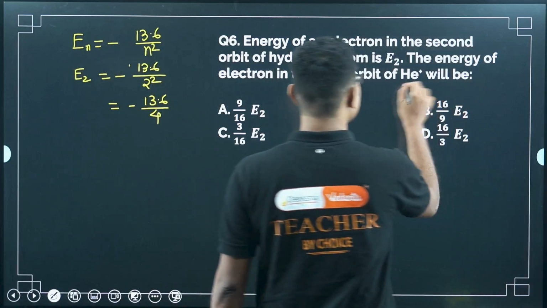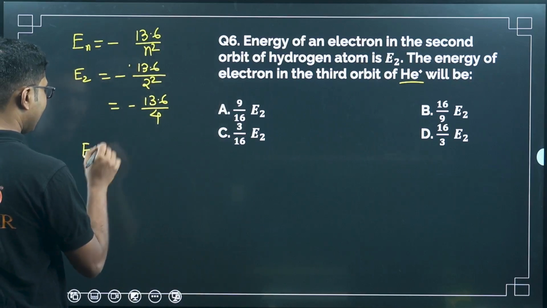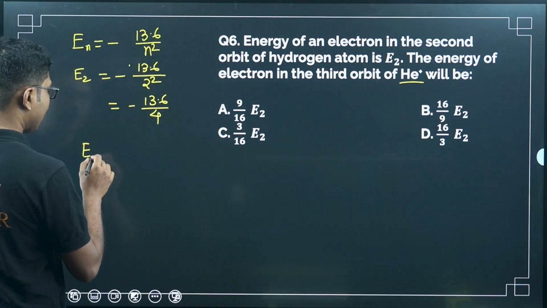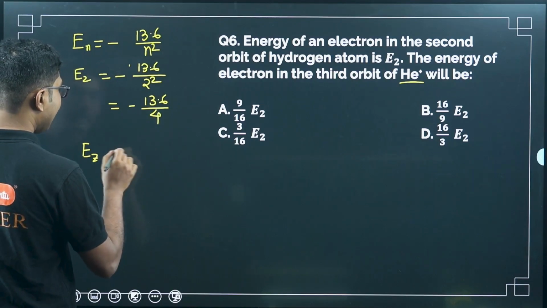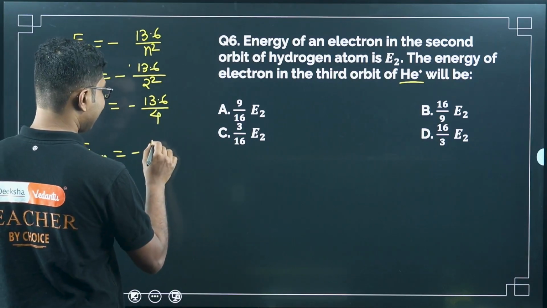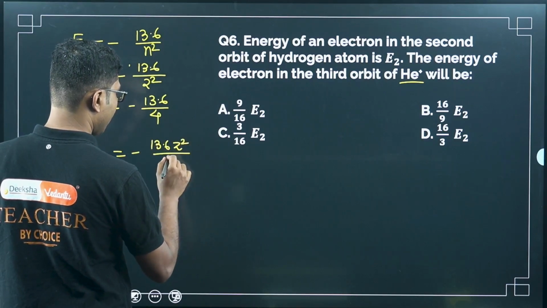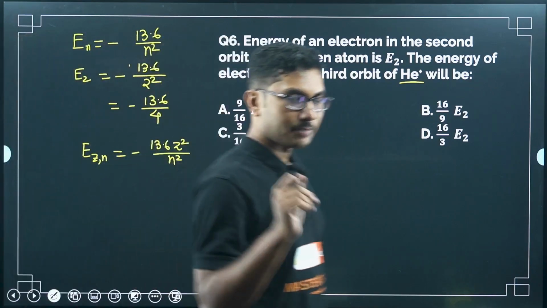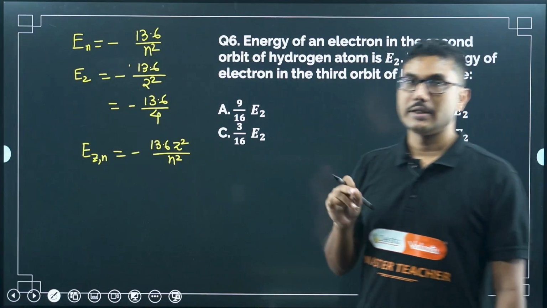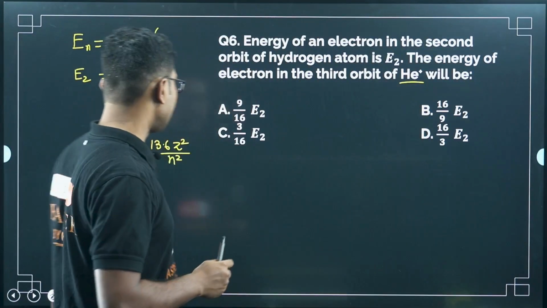Now what will be the energy for a helium atom? For any atom with atomic number Z, it is given by minus 13.6 Z square by n square. This is for atomic number Z, not mass number. Atomic number means the number of protons in the nucleus. So how many protons are there in helium? There are 2 protons in helium.